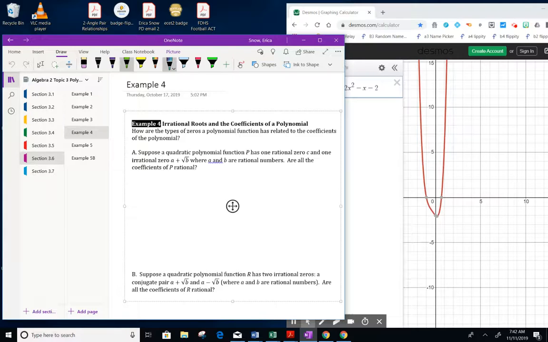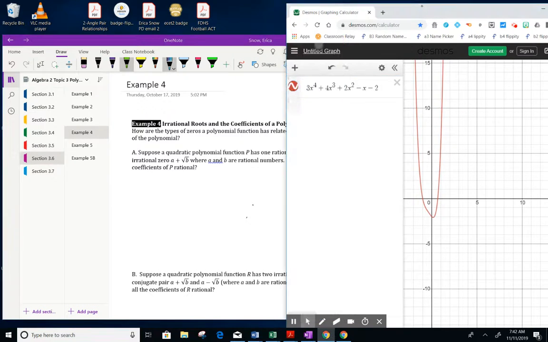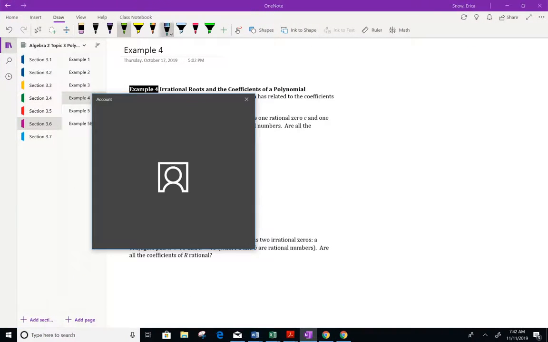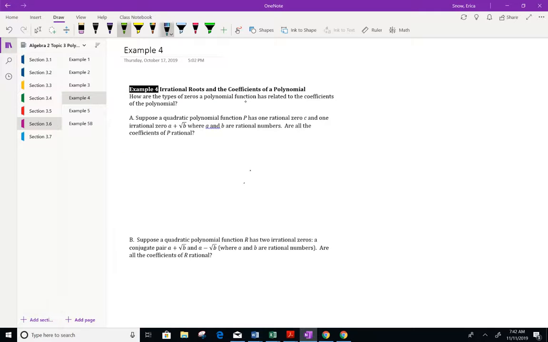All right, so now let's see how irrational roots relate to coefficients. So suppose that you have a quadratic polynomial who has one rational zero, c, and one irrational zero, a plus square root b. Are the coefficients rational? So we know that we have zeros at c, so we're going to have x minus c.